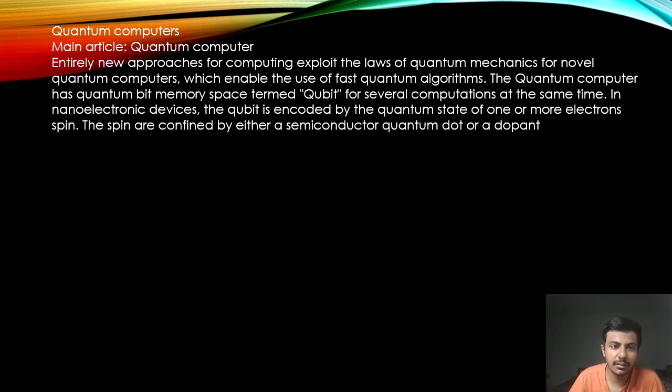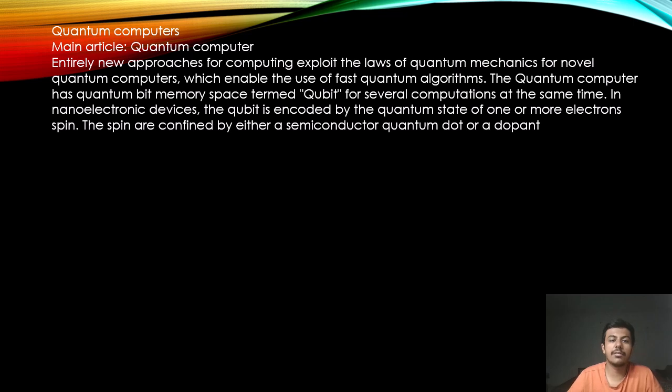In future we know that quantum computers, and even now, they are being utilized. One of the most important principles on which these computers work is nanoelectronics. The qubit, basically a quantum bit memory space, is used for several computations at the same time.